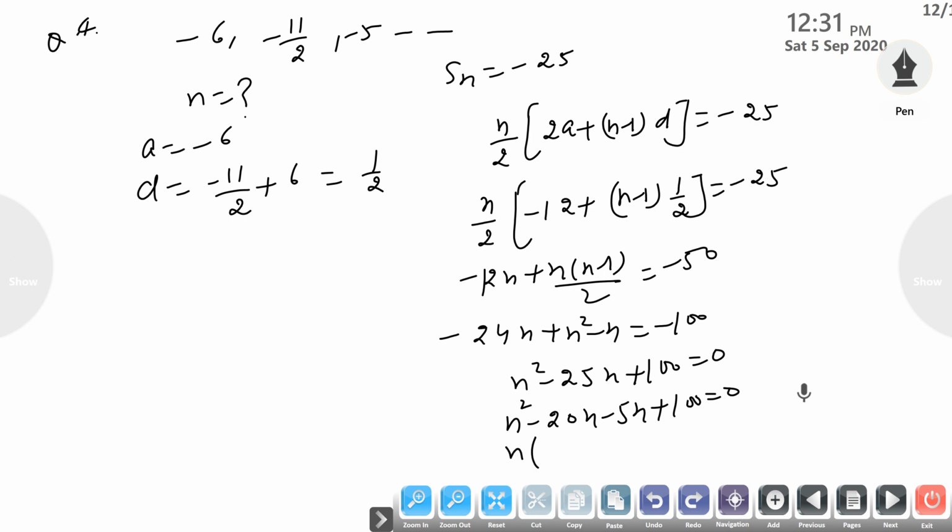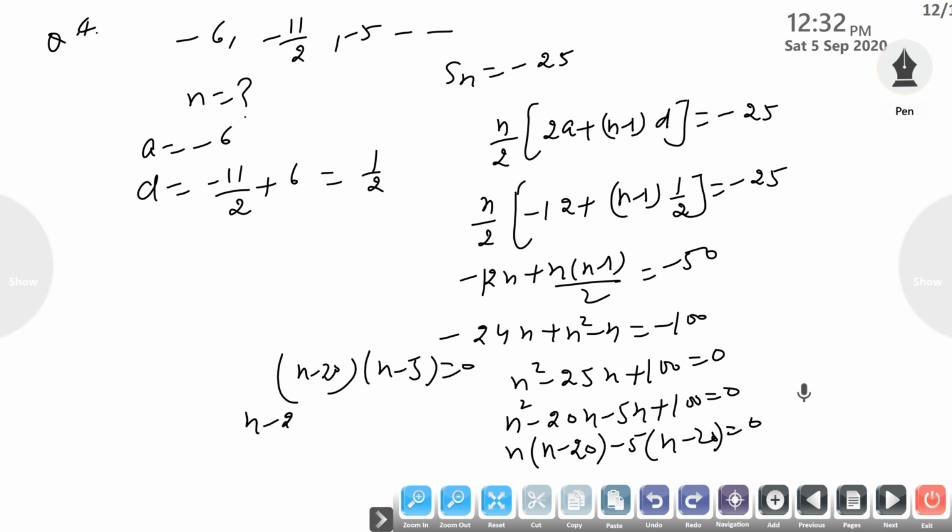Taking n as common, we get n minus 20, minus 5 as common, n minus 20 equal to 0. So n minus 20 into n minus 5 is equal to 0. Either n minus 20 equal to 0 or n minus 5 equal to 0. We get n equal to 5 and 20. These are the values of n.